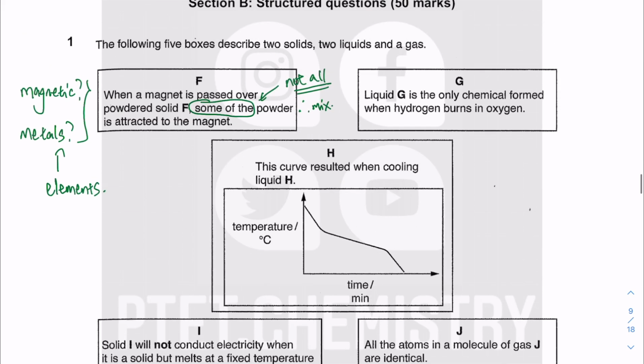If you look at G, liquid G is the only chemical formed when hydrogen burns in oxygen. Hydrogen does not exist as a single hydrogen atom. These are from the syllabus under structure and bonding, as part of the covalent compounds.